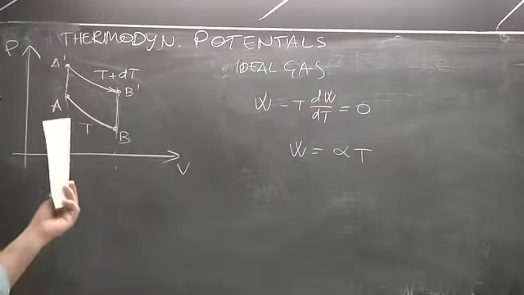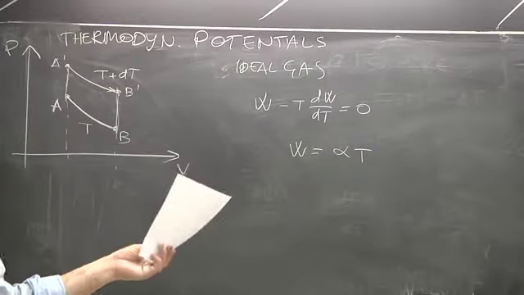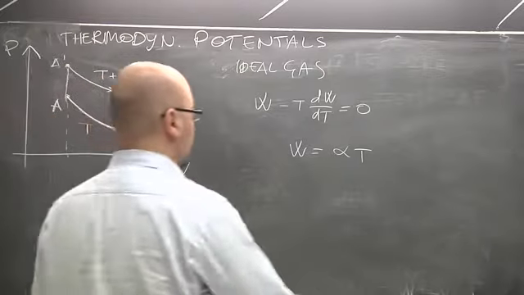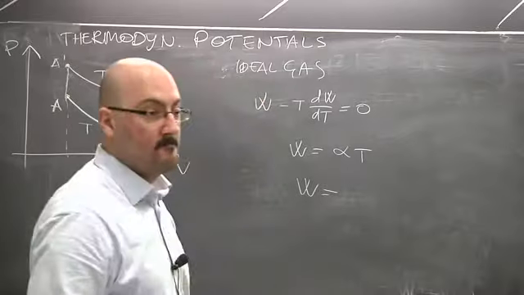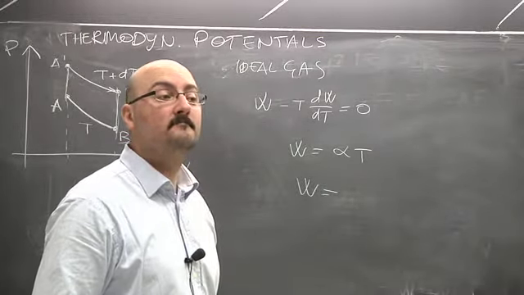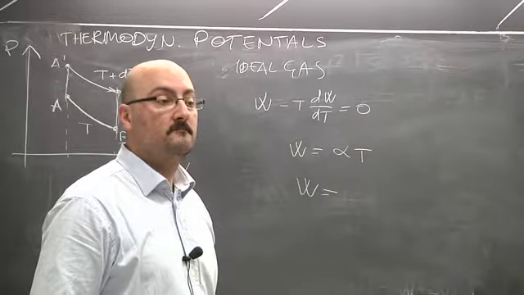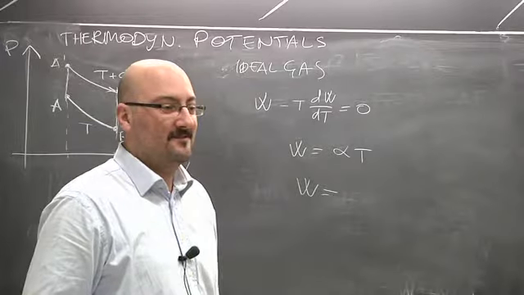We have an isothermal transformation between A and B. What's the work done by this isothermal transformation? Yeah, but what's the proportionality constant? CV?